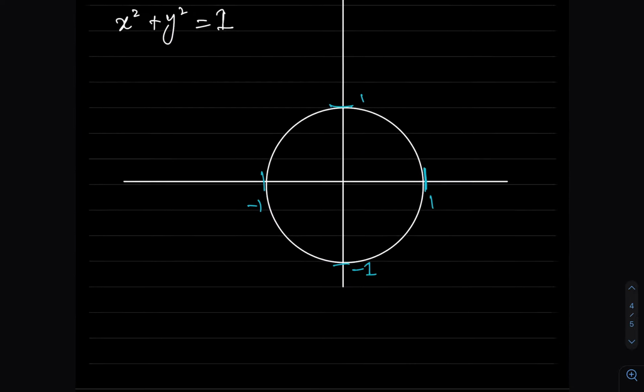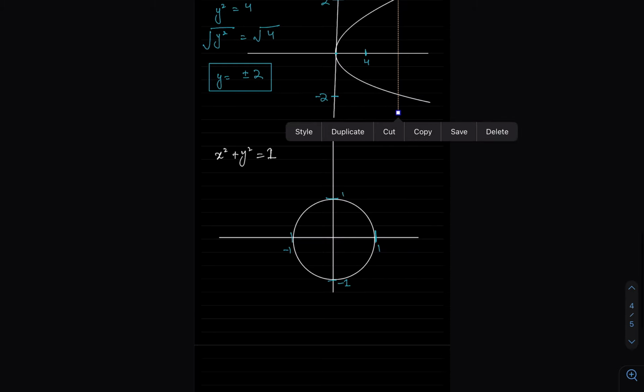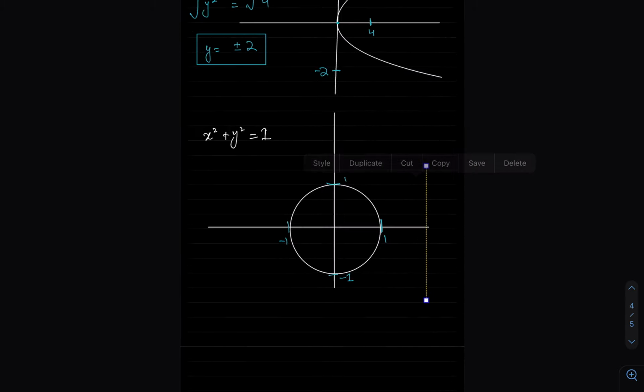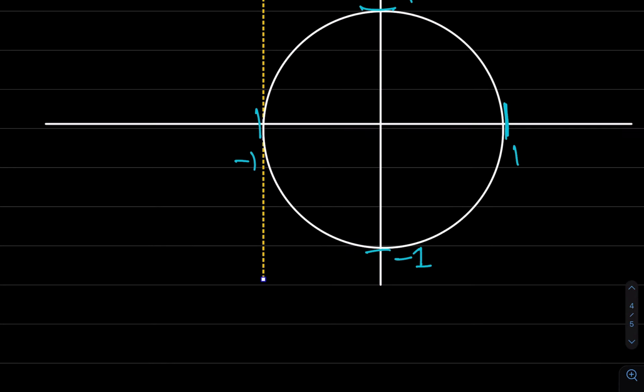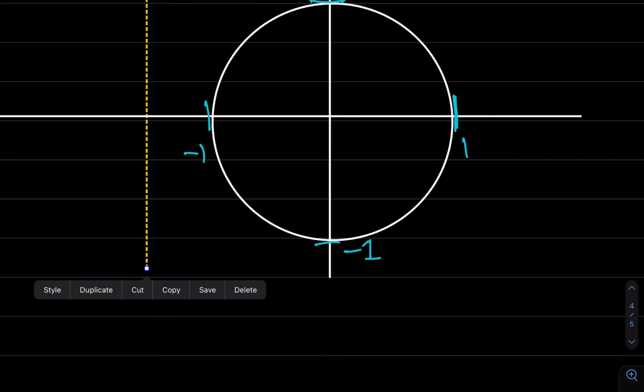But for now, let's just use our vertical line. Let me bring it down here. Slide it across the graph, and you guys can see it is cutting the graph at 2 points. So this is not going to be a function, and this point is special. This point and this point are special.